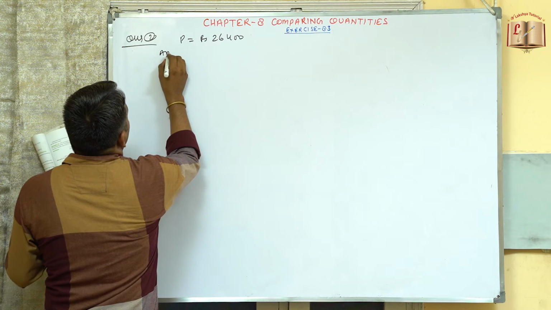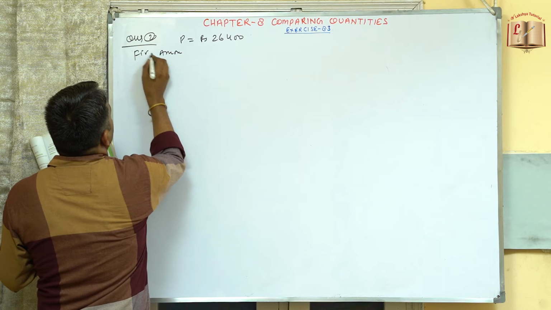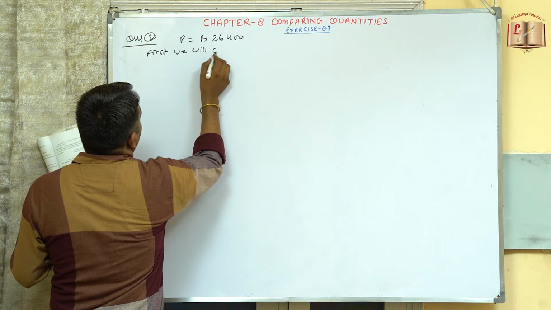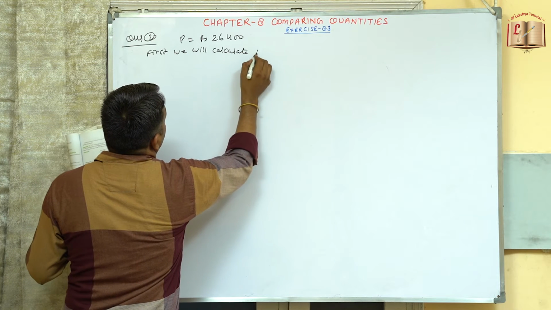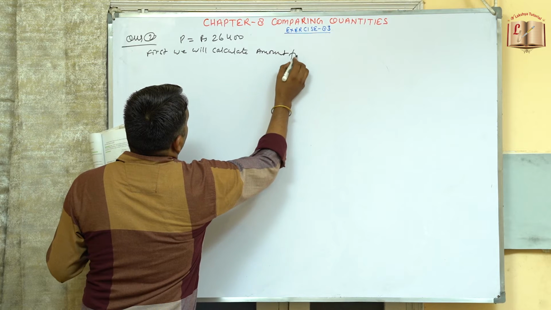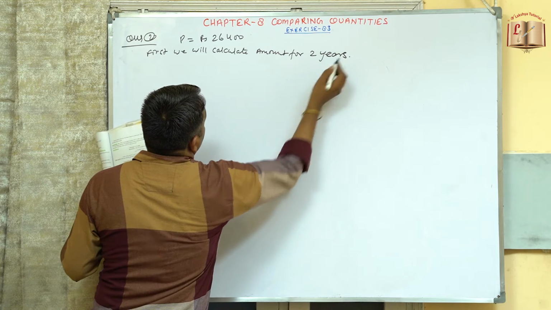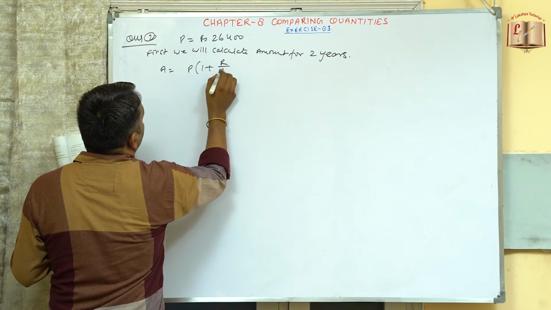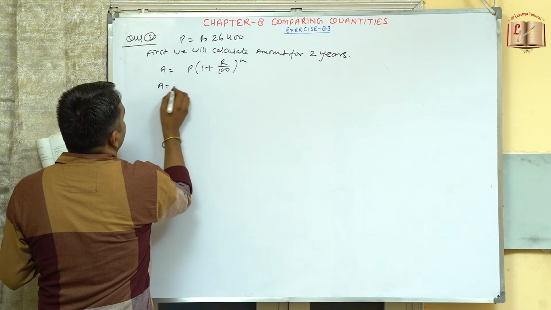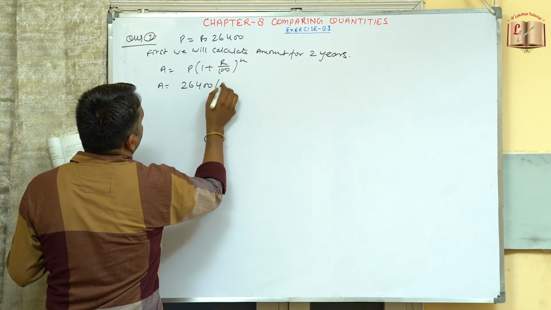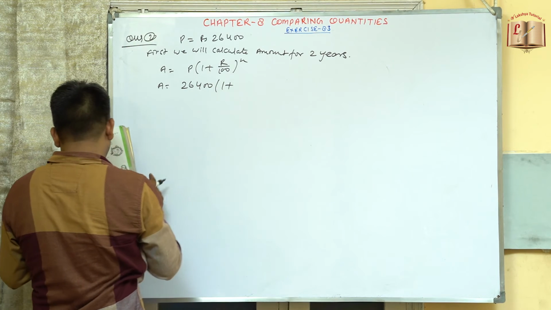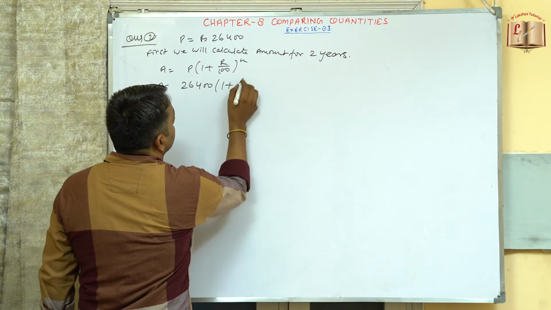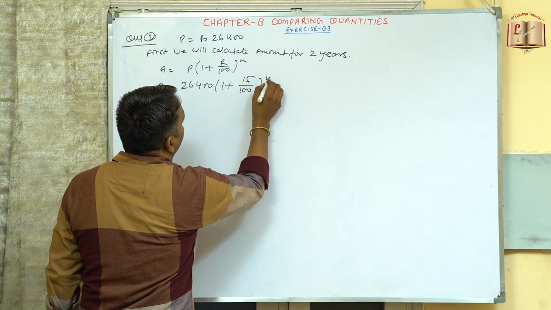First, we will calculate the amount for 2 years. So A equals P times 1 plus R by 100 to the power n. So A equals, P is 26,400, 1 plus R, which is already given to us, R is 15%. So this is 15 by 100 to the power n.